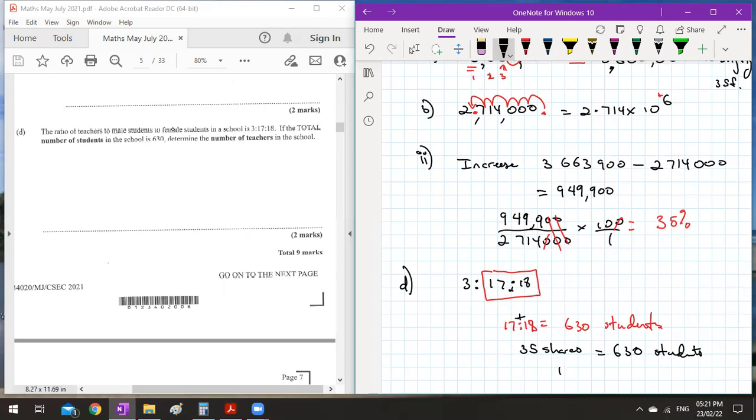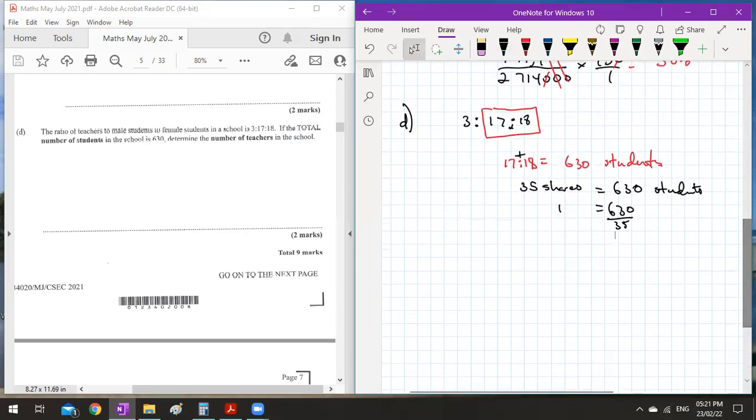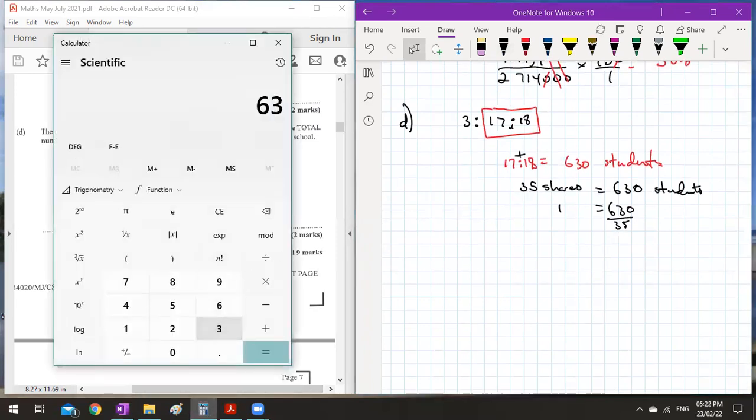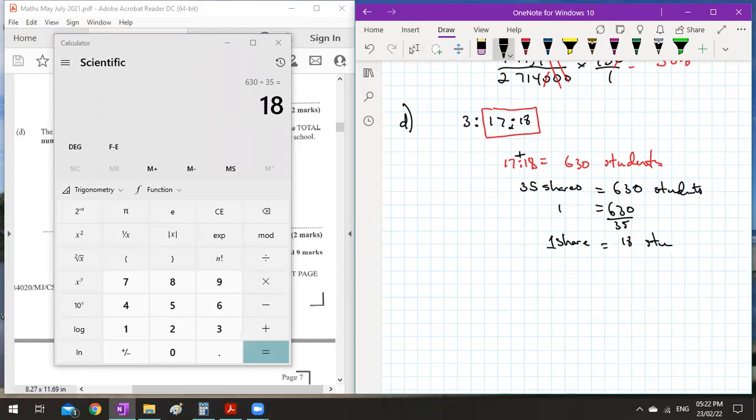In order to find one share, we would divide by 35. 630 divided by 35 is 18. So one share is 18 students, or one share is 18 people, right?